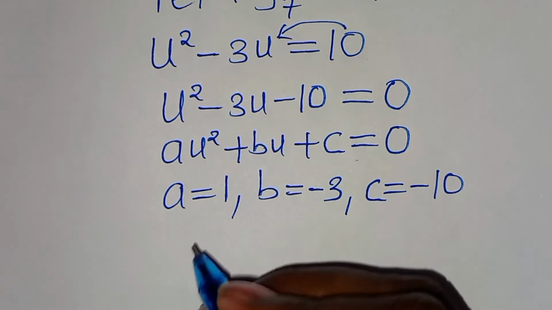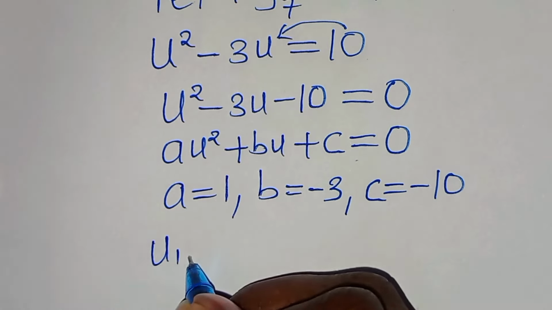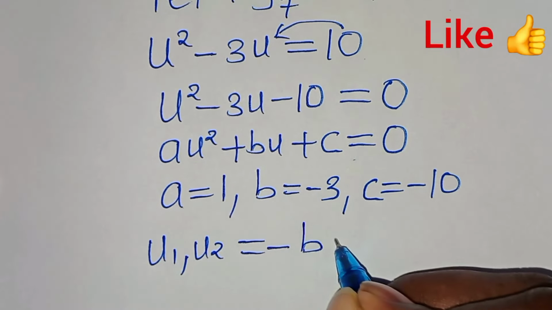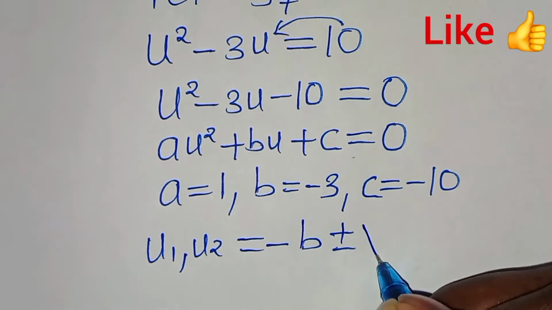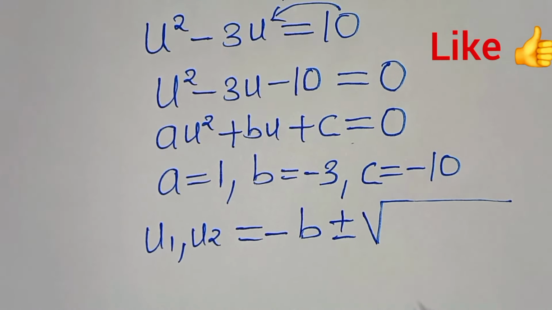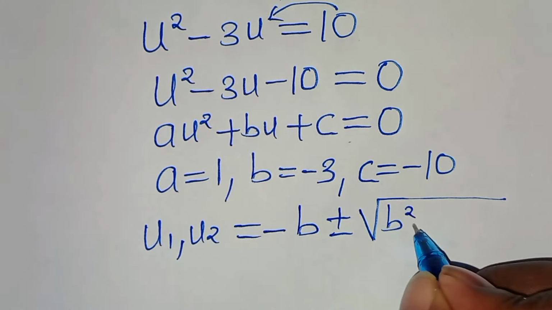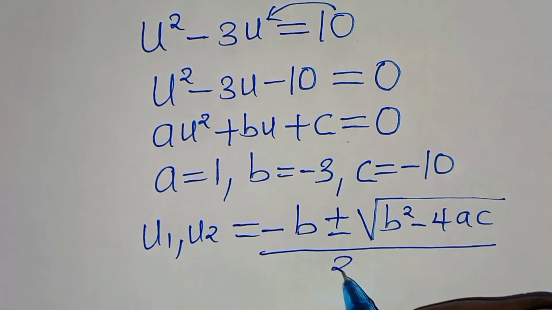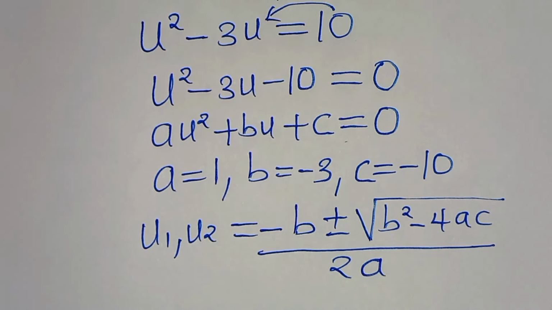So we can solve for u1 and u2 by applying the quadratic formula, that's minus b plus or minus the square root of b squared minus 4ac, everything divided by 2 times a.